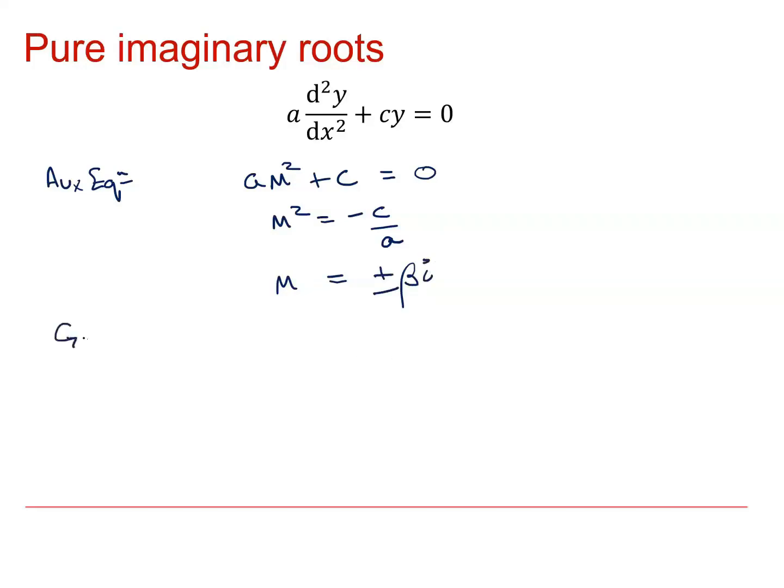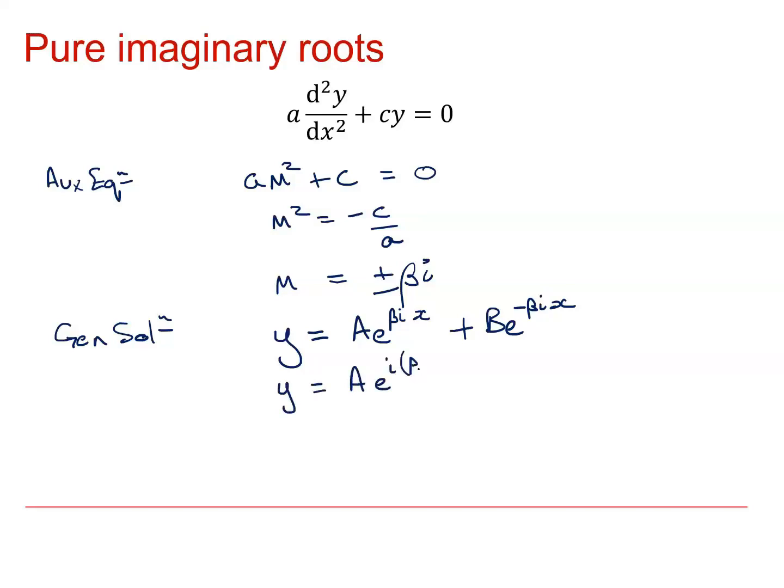So the general solution is going to be of the form y is equal to a e to the beta i x plus b e to the minus beta i x. And if I just rewrite this slightly, I'm going to get y is equal to a e to the i beta x plus b e to the minus i beta x.